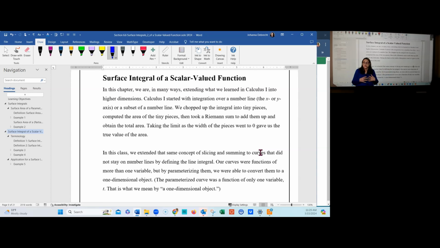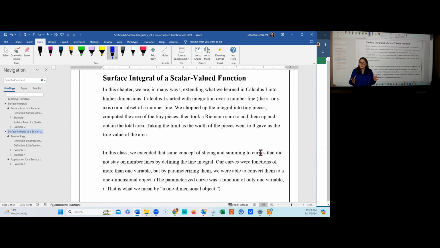In calculus 1, we started by integrating over a line segment on either the x or the y-axis from x equal a to x equal b, or y equal c to y equal d. Then in this class, we took a curve and we chopped it up and we integrated over the curve.